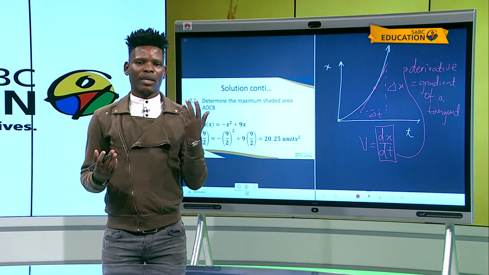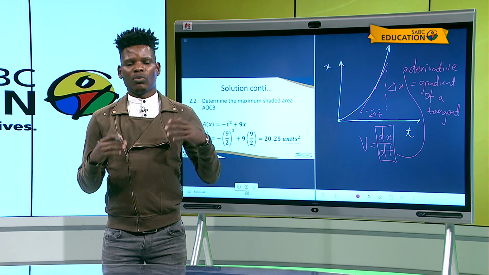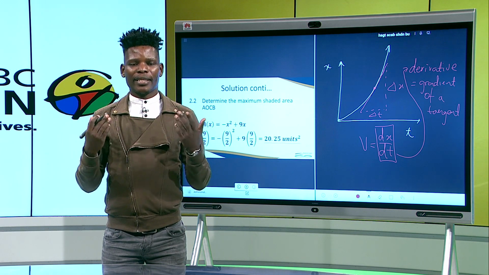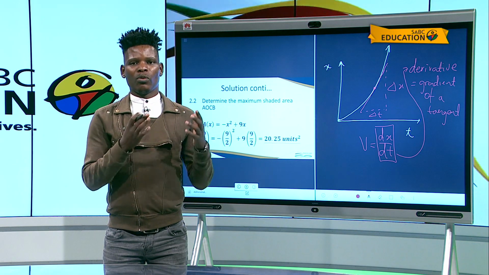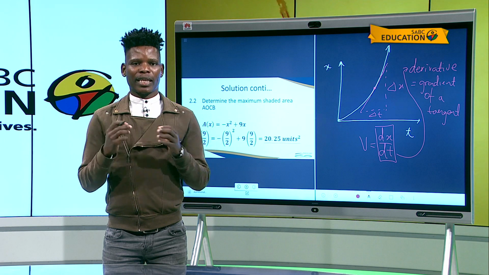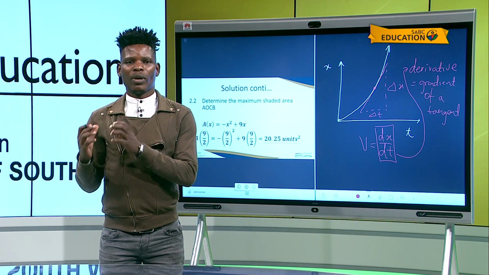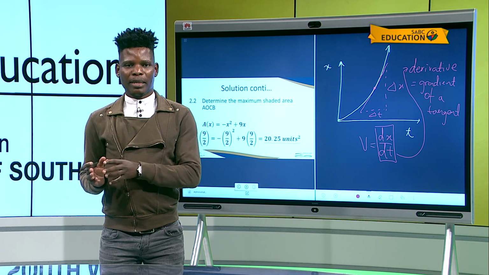To check whether you're going to have a minimum or maximum, you can always try the second derivative. If the second derivative is less than 0, you will have a maximum. If the second derivative is greater than 0, you have a minimum.